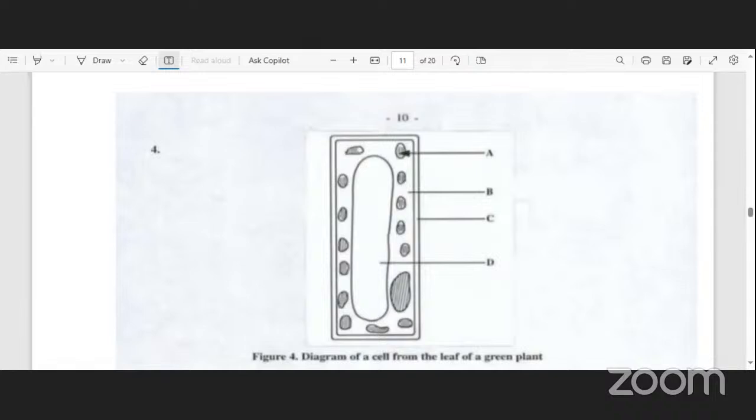So due to harmful chemicals, it could prevent new growth for plants. So what would A be?